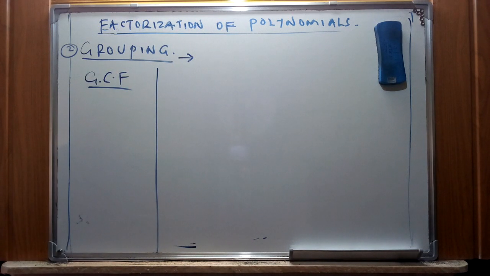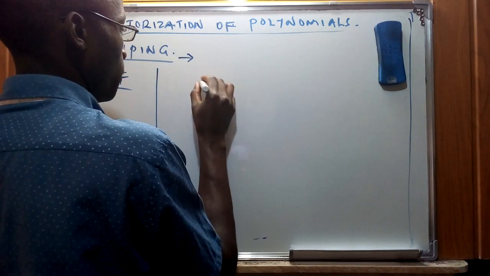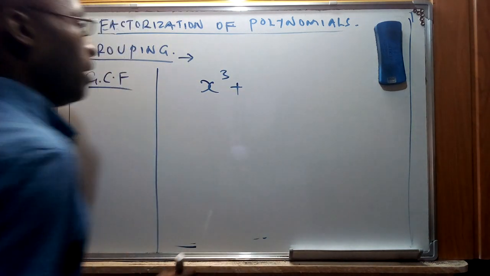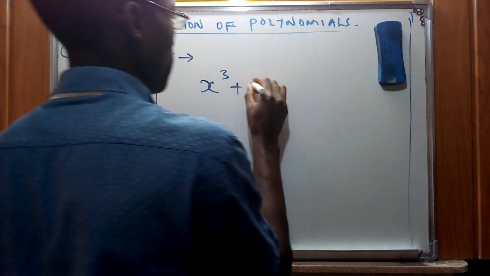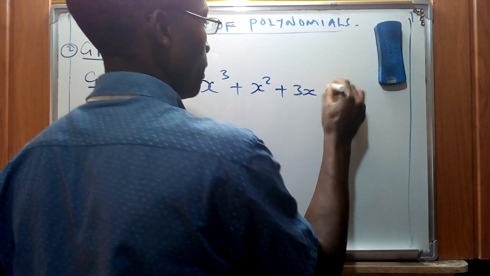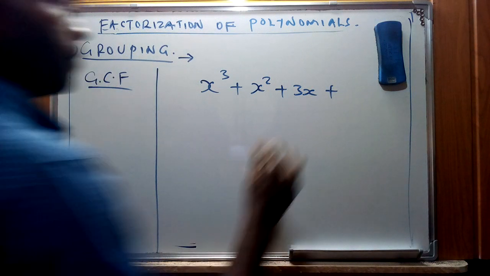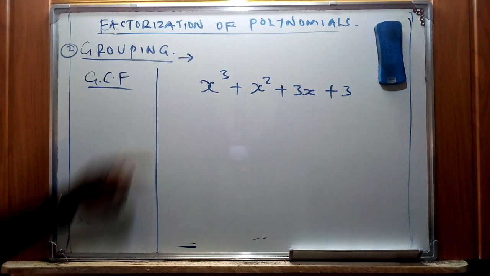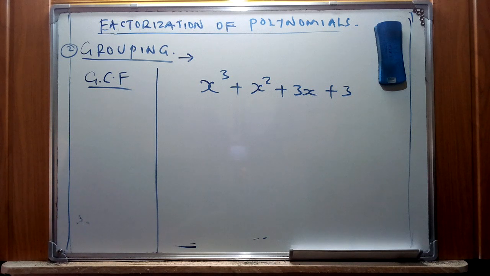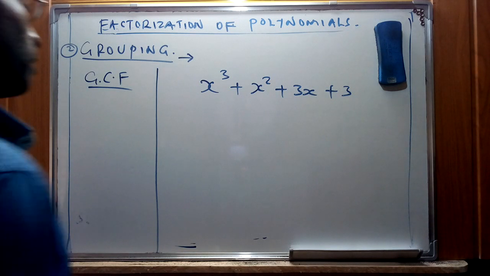Now in this case, I'm going to give a specific example, whereby we're going to have a polynomial given as x to the power 3 plus x squared plus 3x and then plus 3. So in this case, as I've said, for the grouping technique, we're going to have polynomials with 4 terms, which are going to be factored by grouping them into 2 pairs and factoring out the greatest common factor.